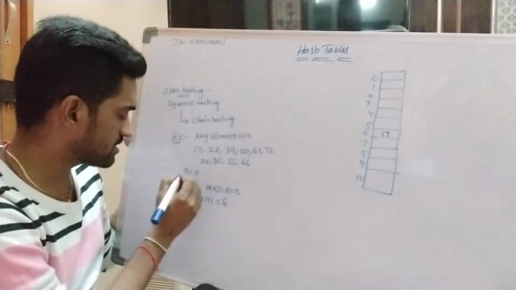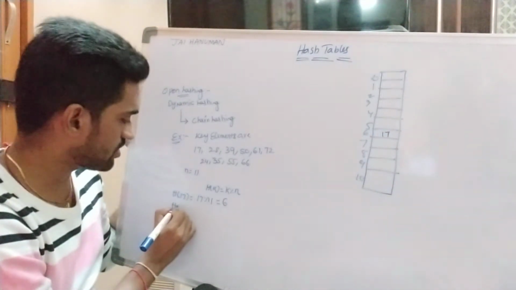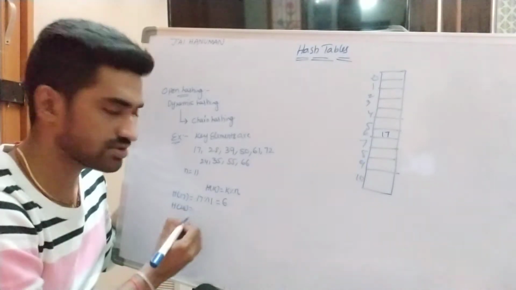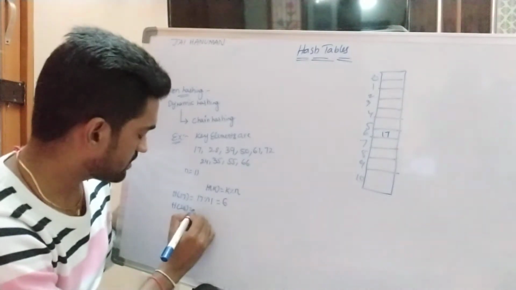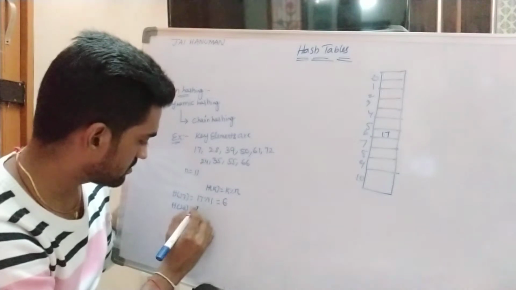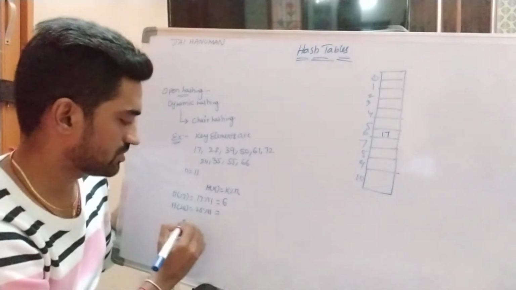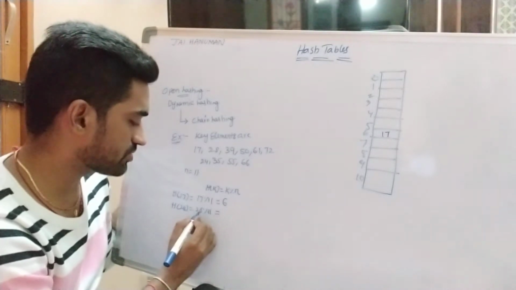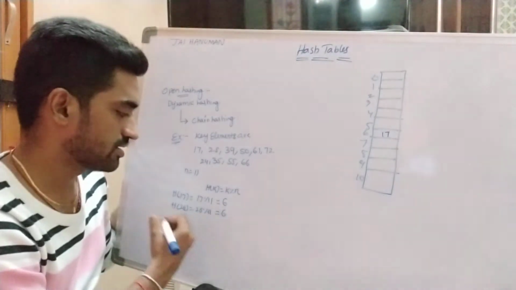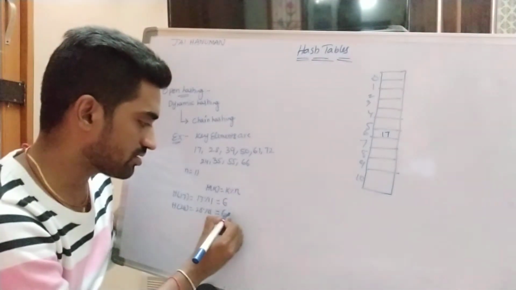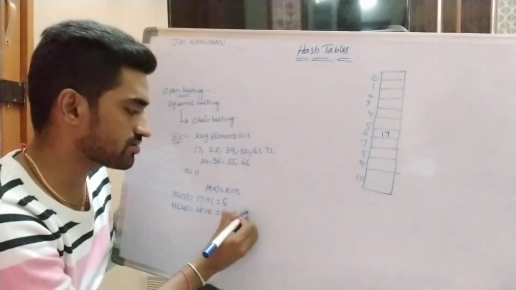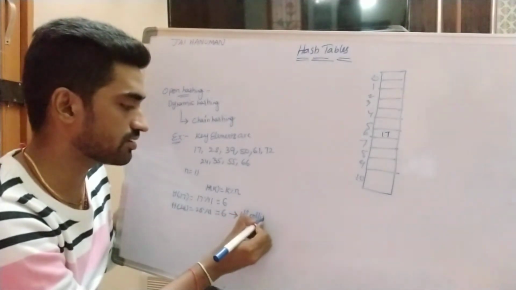So what is the next inserted key value? H of 28. So H of 28 is 28 modulo division of 11. So 11 twos are 22, remainder 6. So here collision has occurred. So first collision has occurred.